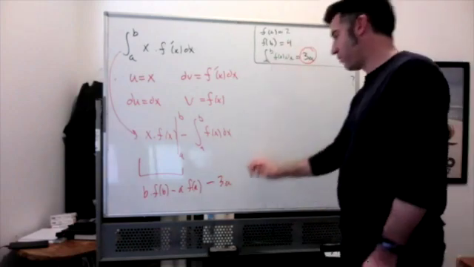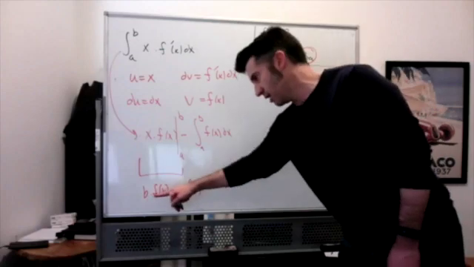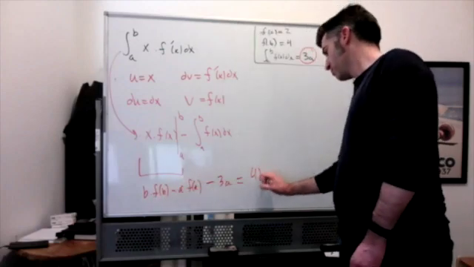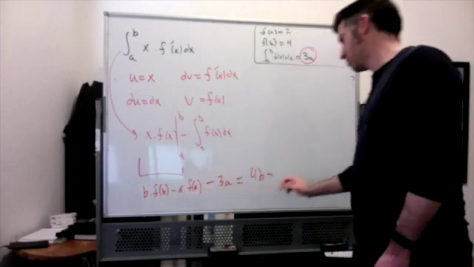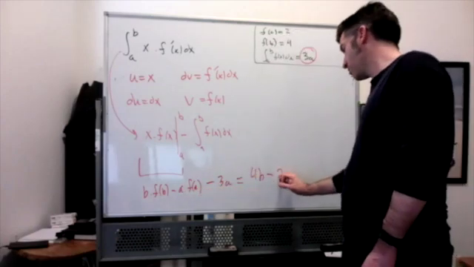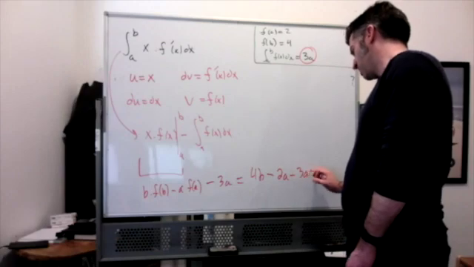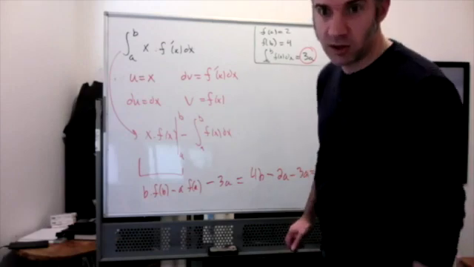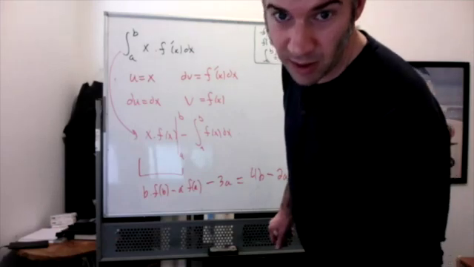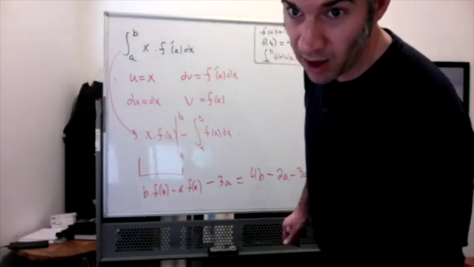So f of b is 4, so I get b times 4 minus f of a is 2, so 2 times a, minus 3a. So it looks like we get 4b minus 5a, which I don't think we know anything else about, so I'm going to leave it like that.